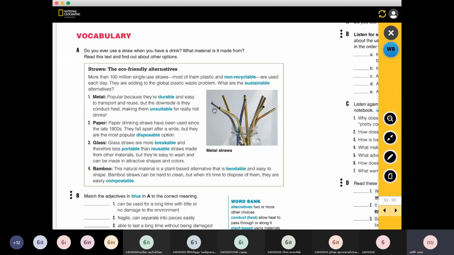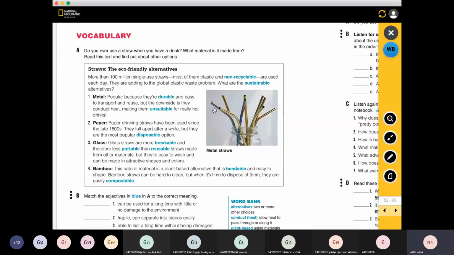Okay, and when we are talking about glass, the properties of glass are quite delicate, I would say, because glass is breakable, right? If you compare to paper or metal.